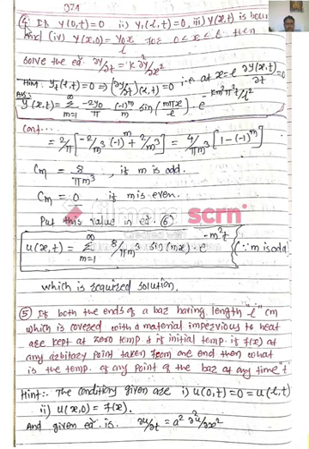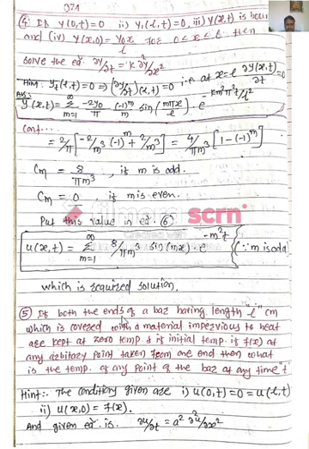Similarly, you solve these examples for practice. Fourth example: these are the conditions, and this is the one dimensional heat flow equation given. Use the hint I have given here, and finally you will get this answer. Similarly, this is also example 5.